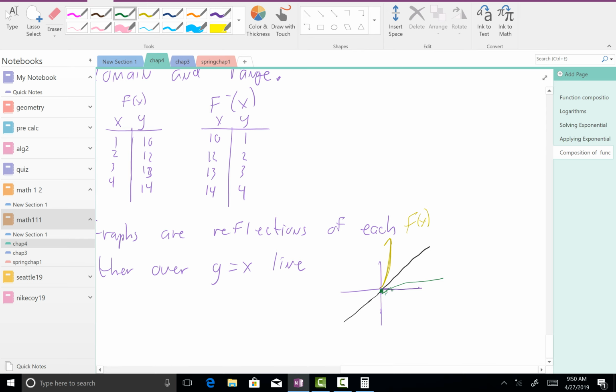It's going to look like that. Okay, so it's a reflection. It's going to come together and it's going to kind of bow out like that. Okay, they're reflections of each other over the y equals x line.